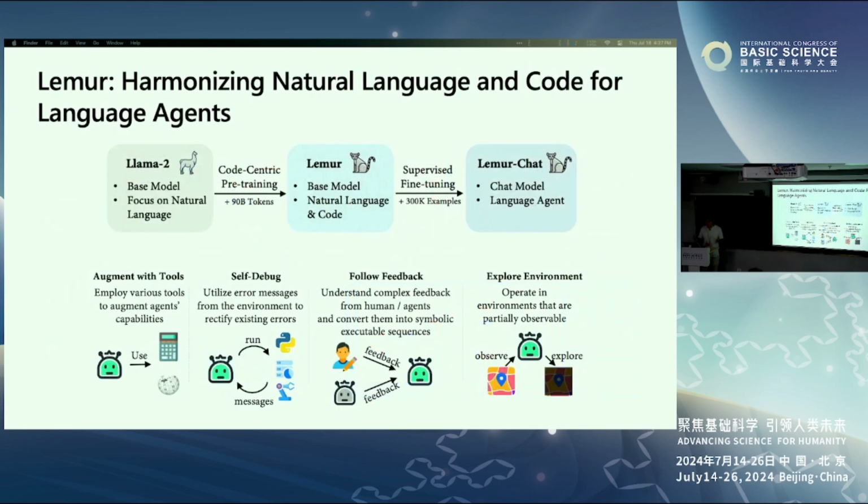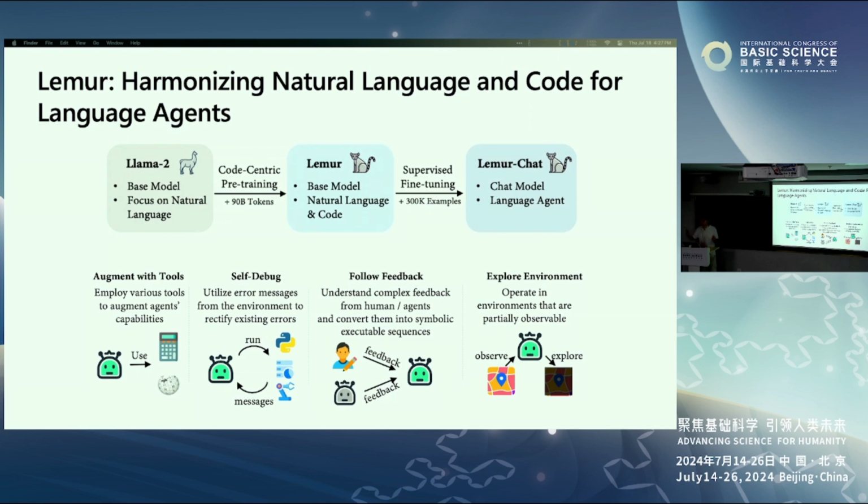And we also try to do some research on the model side. This is a research work at ICLR 2024. We try to analyze the natural language ability and code ability of language models for language agents. We try to prove that programming language is a very good action representation for language agents to control the environment.